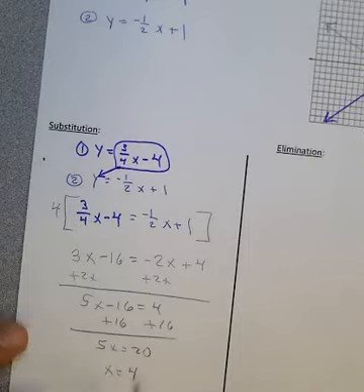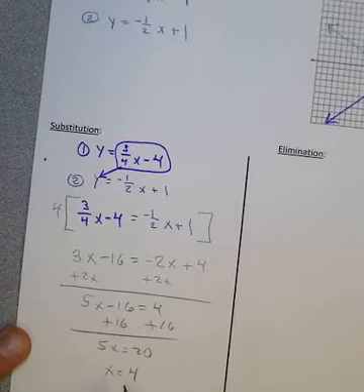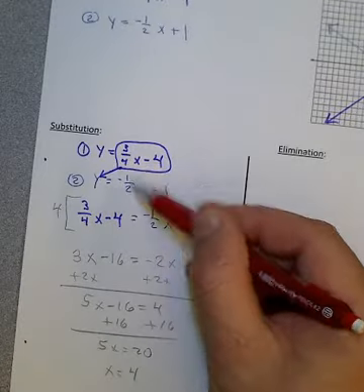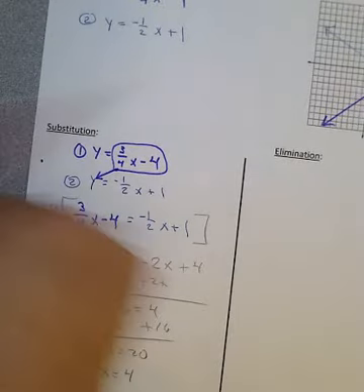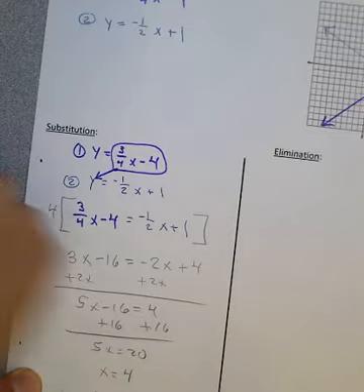Now that I know what x is, I can choose any place at all that I can find to plug x back in and find out what y is. I guess I'll choose the top equation. Could have chosen the bottom one. But in the top equation, it says y equals 3/4 times, I know now that x is 4 when the two lines hit each other, minus 4.